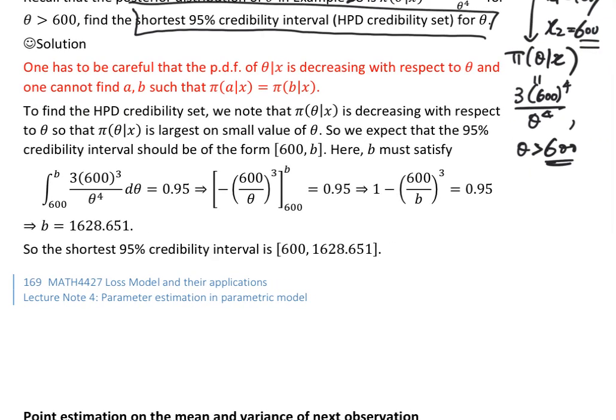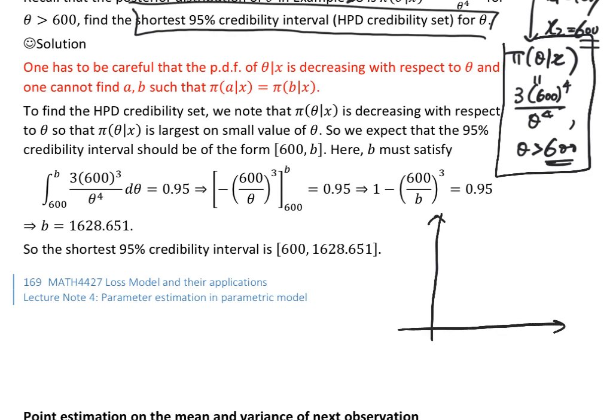Now, remember this is our posterior distribution, isn't it? Next we'll try to draw the graph out. So theta is 600, and here you take 600, you get 3.